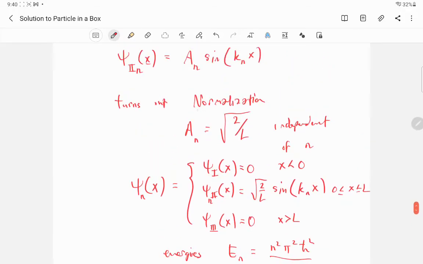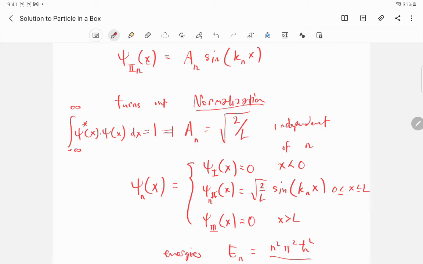The normalization, remember, you get from taking the wave function, imagining the complex conjugate, multiplying by psi of x dx, integrating over all the possible values that x could take, negative infinity to infinity, and it must be equal to 1.